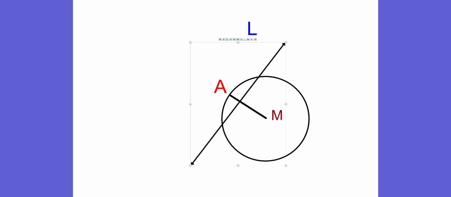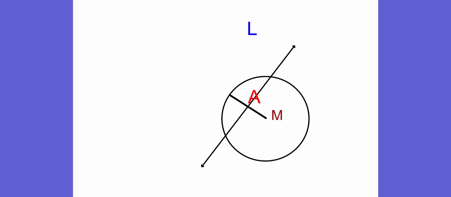Here we call this straight line a secant of the circle, where the perpendicular distance between this straight line and the center of the circle is smaller than or equal to the radius length, because this straight line comes closer to the center of the circle, and can be, in a special case, the diameter of the circle.